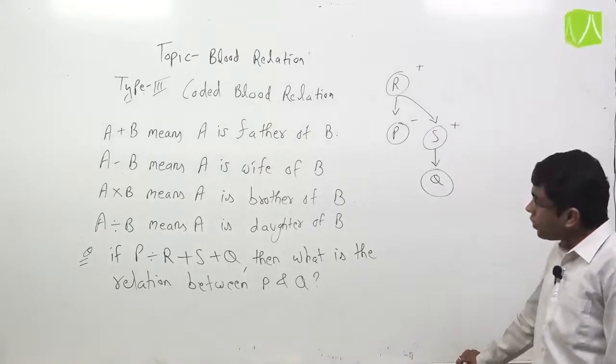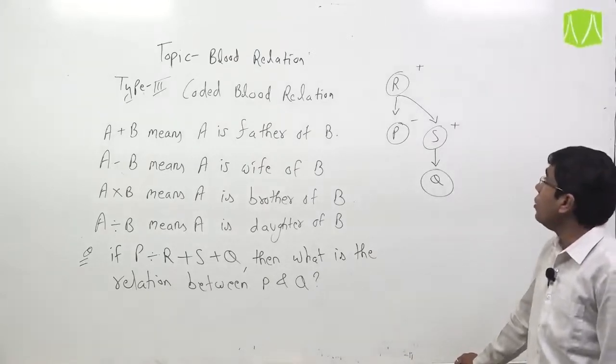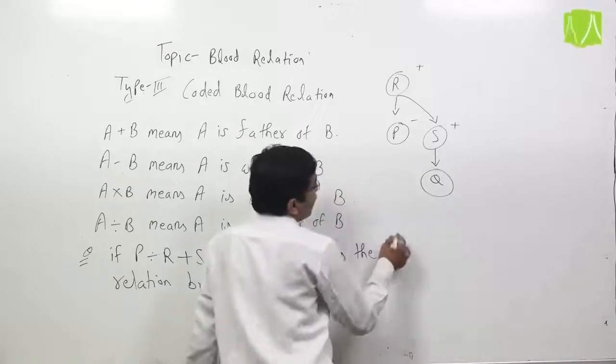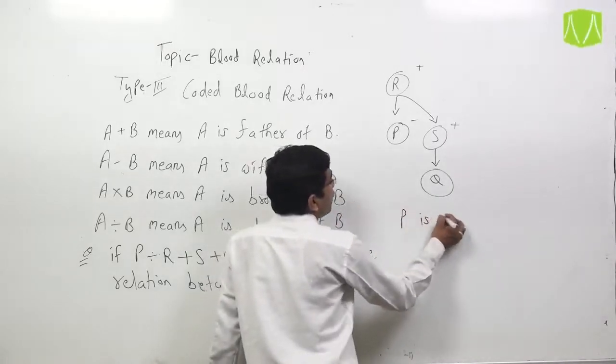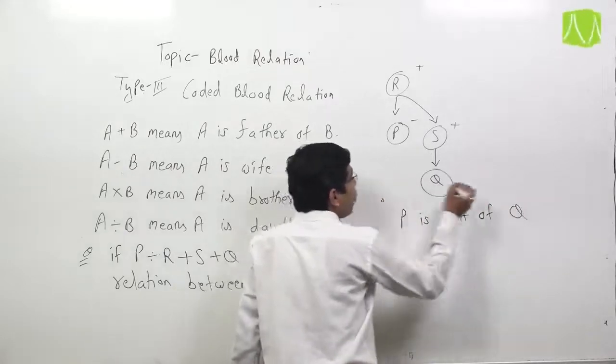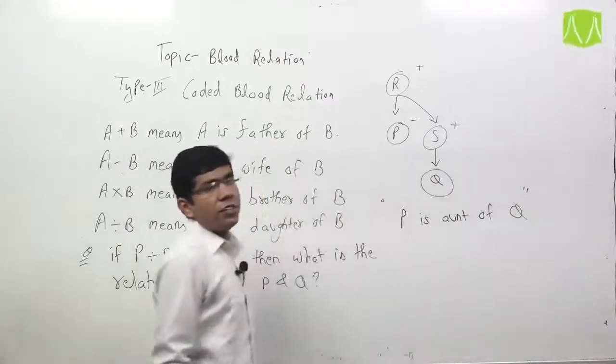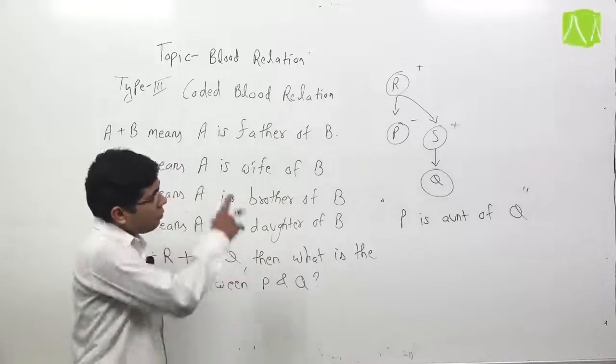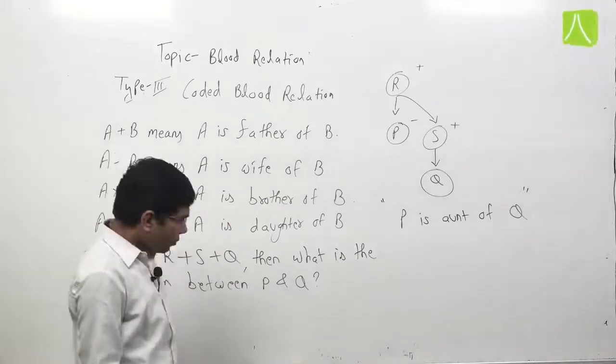Now what is the relation between P and Q? We can easily say that according to the diagram, P is aunt of Q. This relation is easily determined with the help of this diagram.